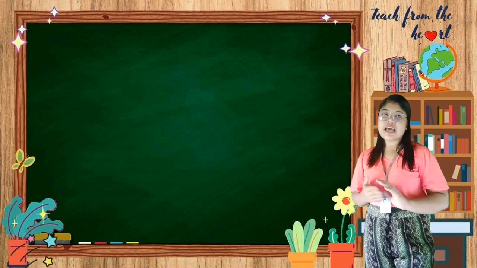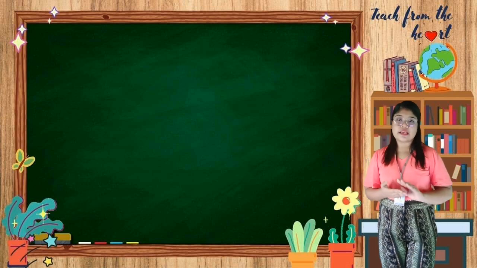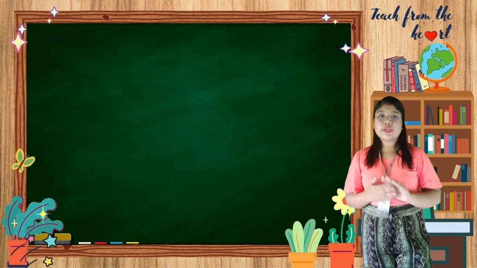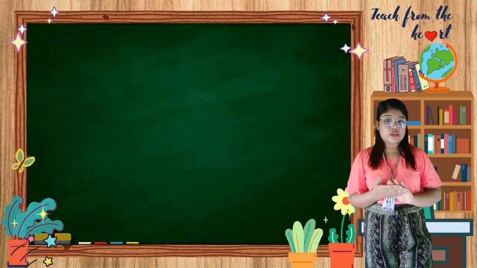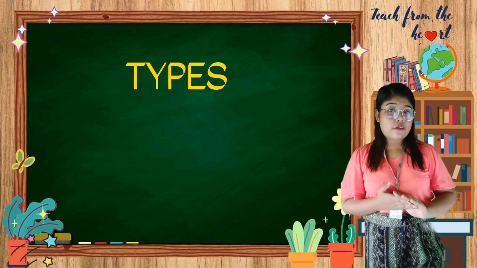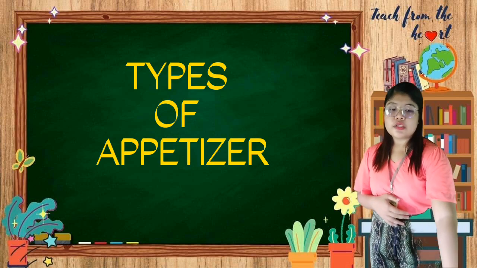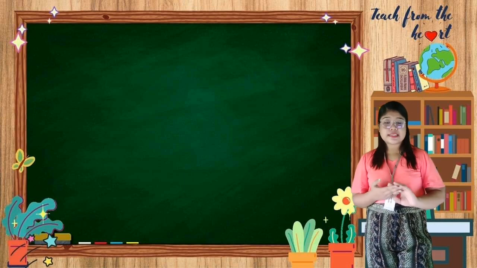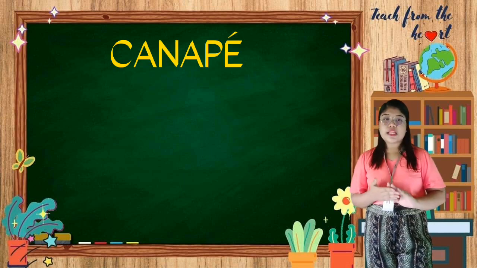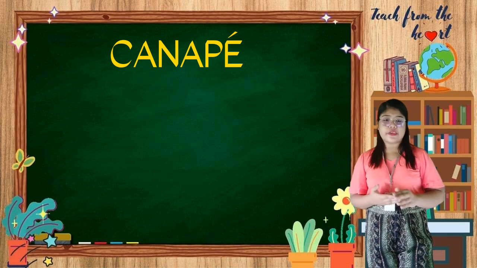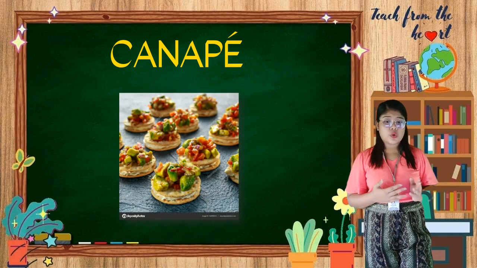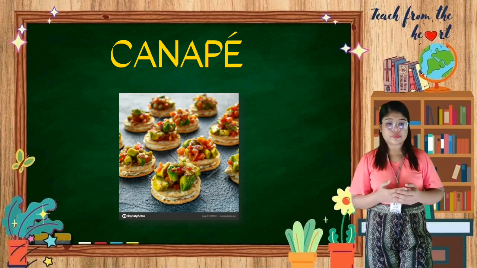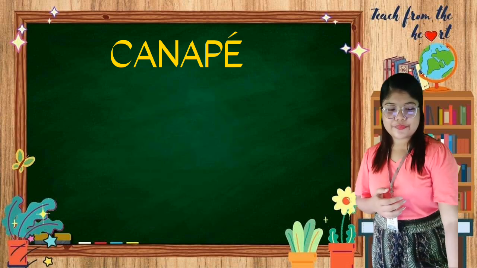So, let's now proceed to the next topic, which is we tackle the types of appetizer. The first type of appetizer is canape. So class, what do you observe in this picture? What are your observations? Correct.